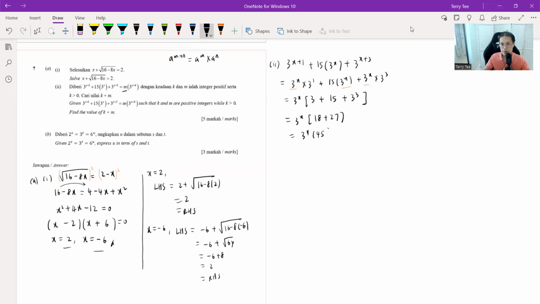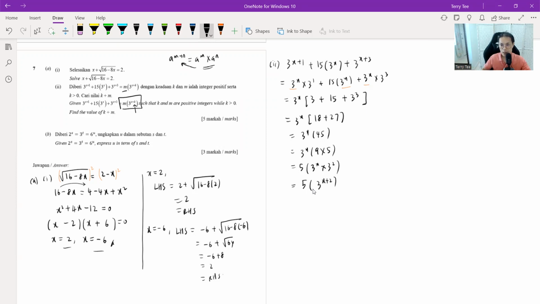Yeah, the problem is you want to express in this form. Can you see there's a x plus k there? That means you have another factor of 3. Yeah? So we know 45 can be written as 9 times 5. So what I'm going to do is I'm going to put a 5 in front. There's a 3 power x. 9 is 3 power 2. So I'm going to combine back to 5 times 3 power x plus 2.